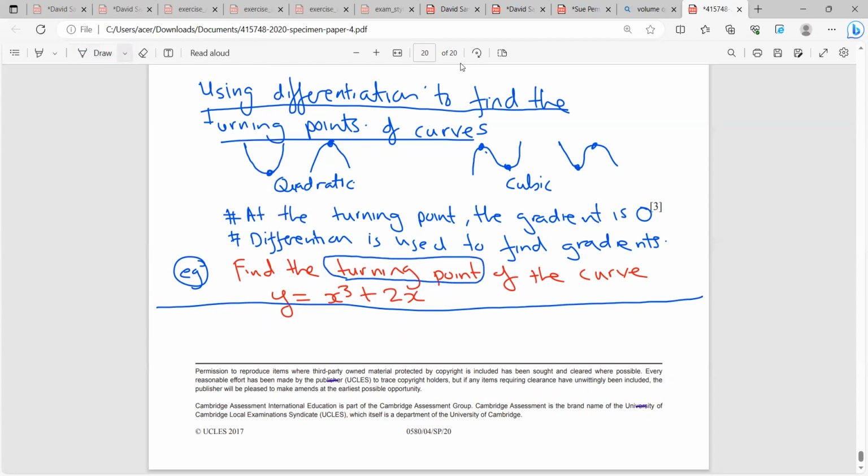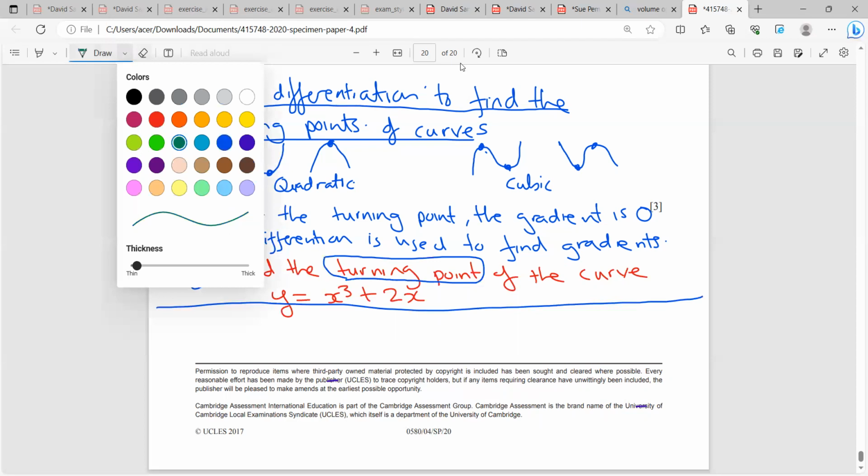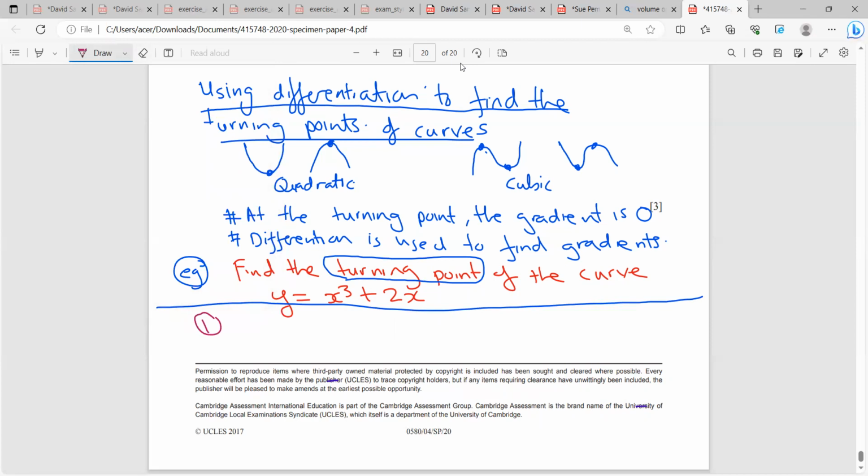Step one, differentiate. And in our case, we have our curve y equals x cubed plus 2x. And then dy dx will be what, Boipelo?